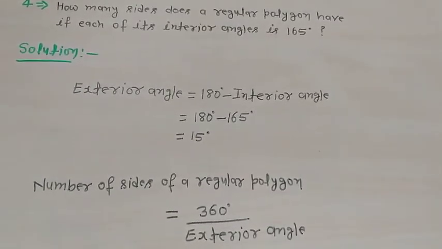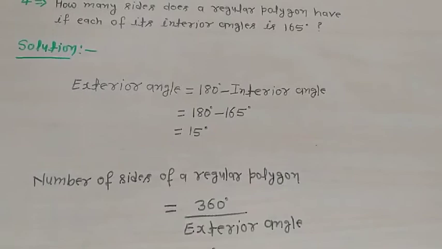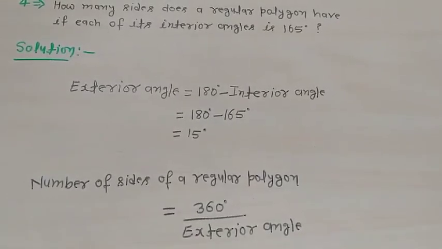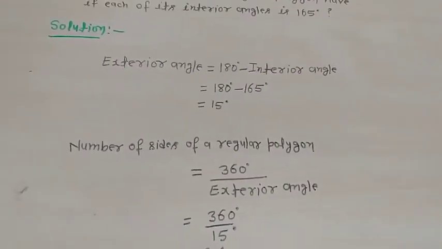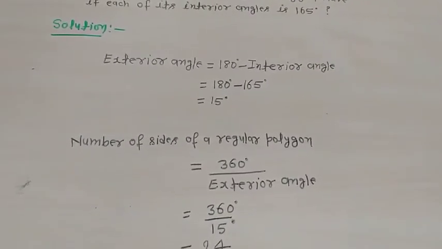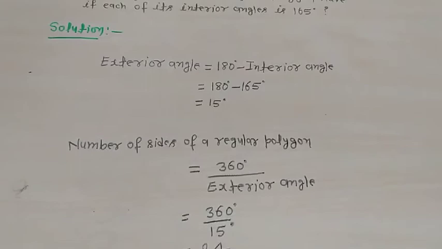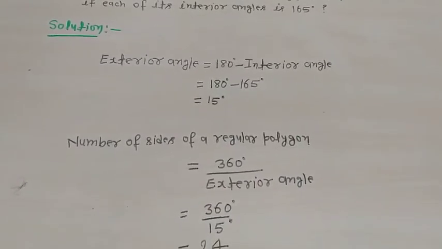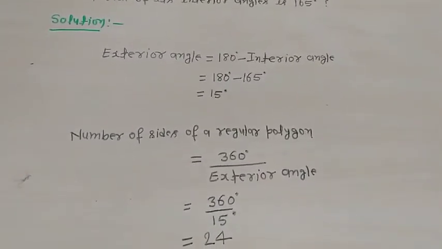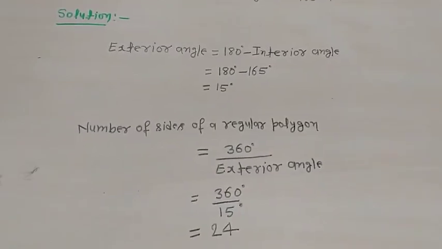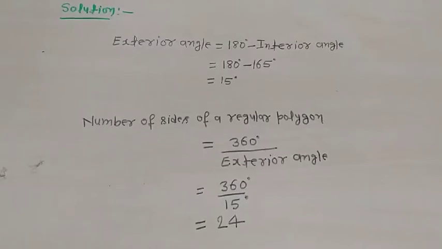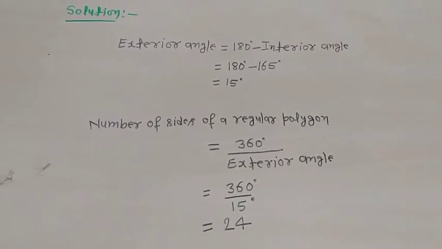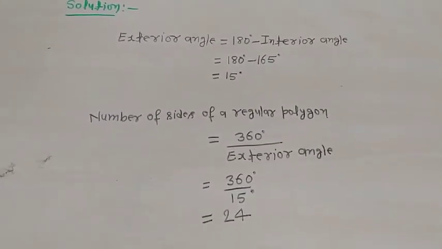So 180 degree minus 165 degree is equal to 15 degree. Okay, and now number of sides of a regular polygon is equal to 360 degree by exterior angle. So we find exterior angle 15 degree. So in this way we find the number of sides of a regular polygon is 24. Okay, so I hope all of you understood.